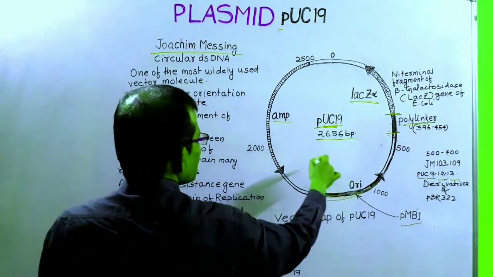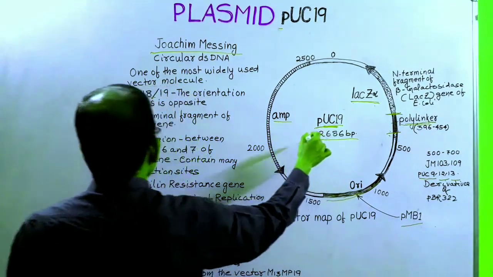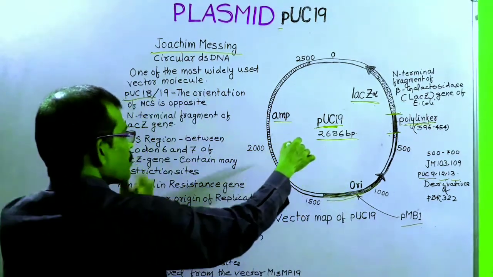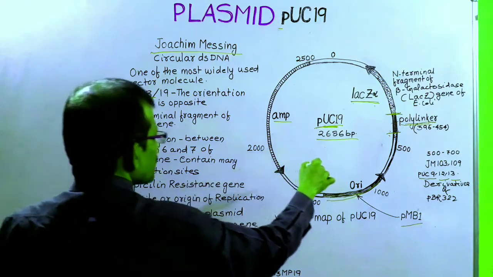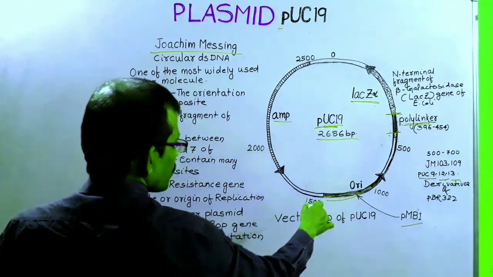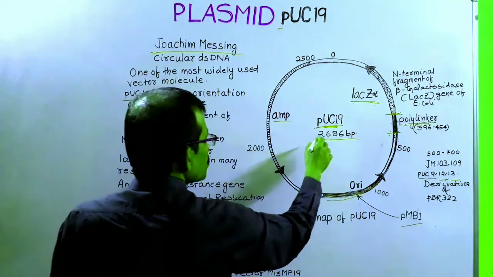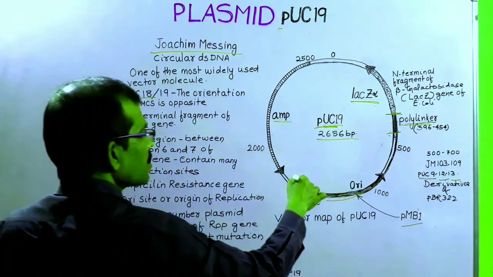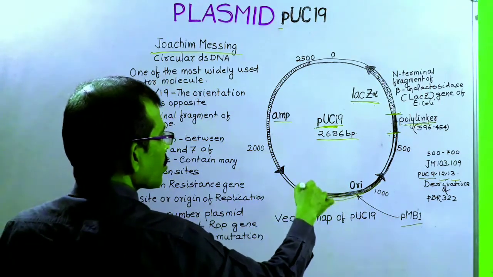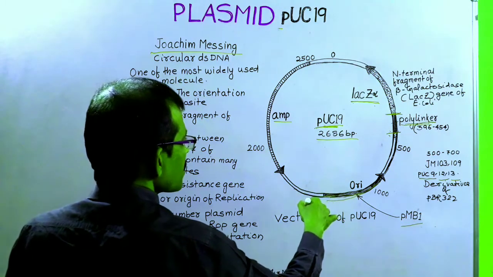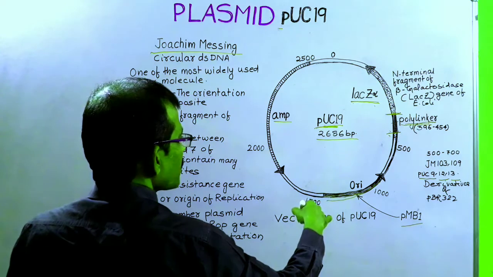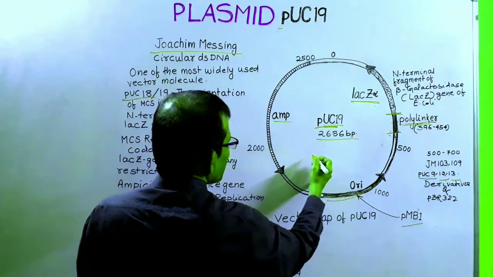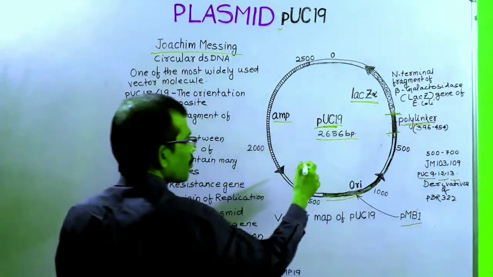So pUC19 is a plasmid cloning vector which is a circular double-stranded DNA molecule, and it is one of the most widely used vector molecules, because when we use pUC19 as a cloning vector, it becomes very easy to differentiate between recombinant and non-recombinant on the basis of differences in the color of the colonies that develop on a growth medium.